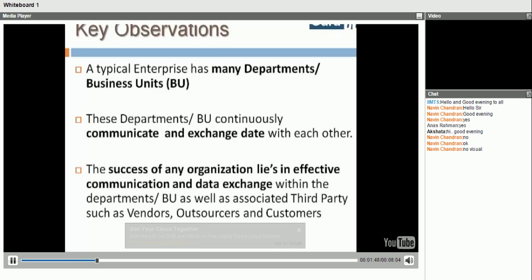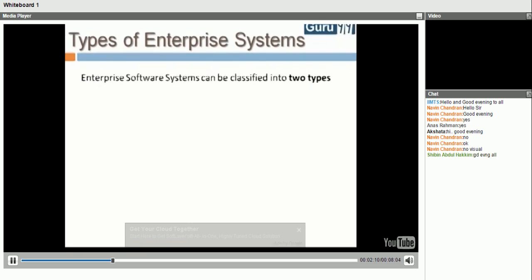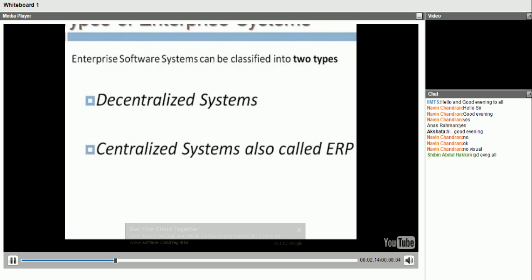The success of any organization lies in its effective communication and data exchange within these departments, as well as associated third parties such as vendors, outsourcers, and customers. Based on the manner in which communication and data exchange is managed, enterprise software systems can be broadly classified as decentralized systems or centralized systems, which are also called ERP.